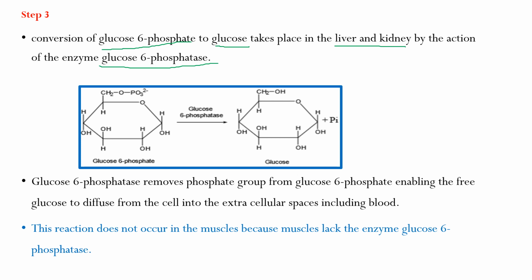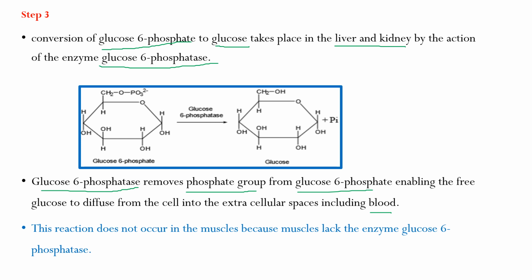This enzyme removes the phosphate group from glucose 6-phosphate, enabling the free glucose molecule to diffuse from the cell into extracellular space, including blood. Therefore, once glucose is free, it diffuses out of the cell and enters the extracellular space, including blood.